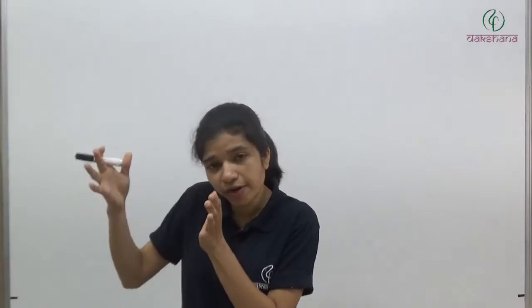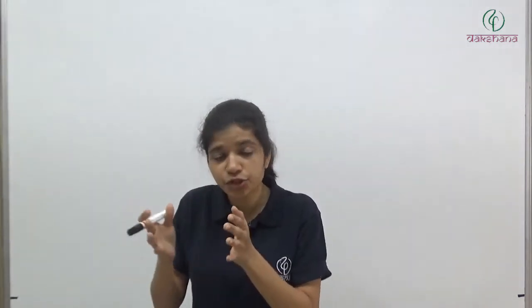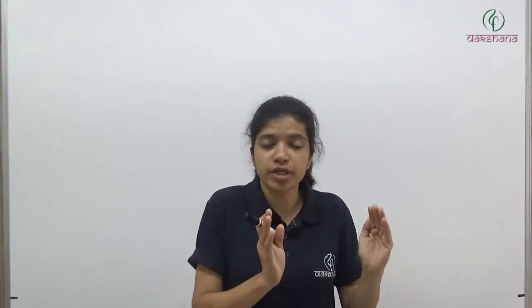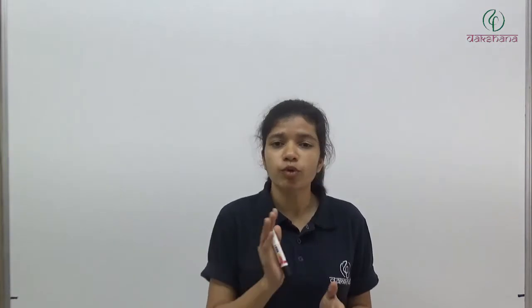The distance of the first particle from center of mass to the distance of the second particle from center of mass was equal to m2 by m1. So we had done all of these. Now in this lecture we will see some more problems related to calculation of center of mass, and then we'll move to our next topic.